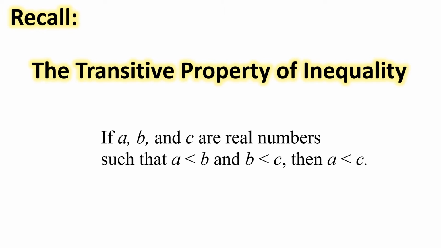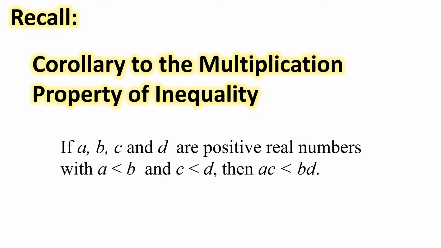This states that if A, B, and C are real numbers such that A is less than B and B is less than C, then A is less than C. Also, let us have the corollary to the multiplication property of inequality. If A, B, C, and D are positive real numbers with A less than B and C less than D, then the product AC is less than the product BD.